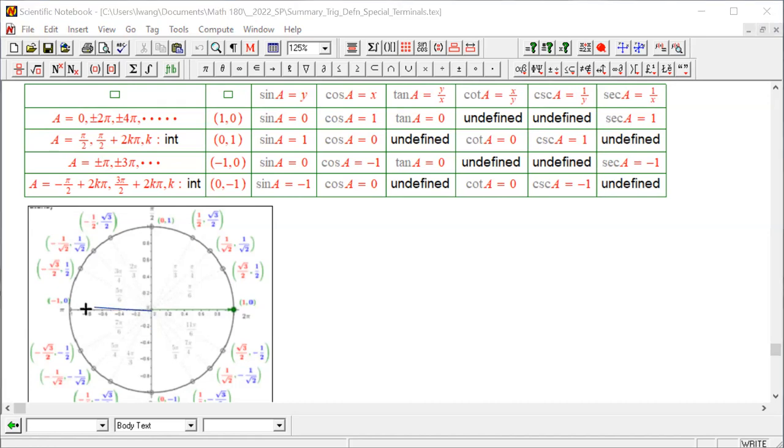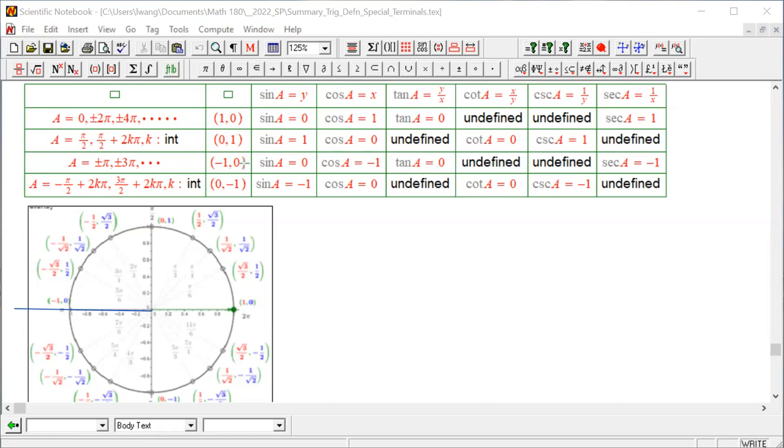Then the third terminal in our consideration will be the one that overlaps with the negative direction of the x-axis. This is the terminal. And these angles will be pi, 3 pi, 5 pi, and so on and so forth, right? And in this case, we have (-1, 0). So sine and cosine are determined, tangent is determined.